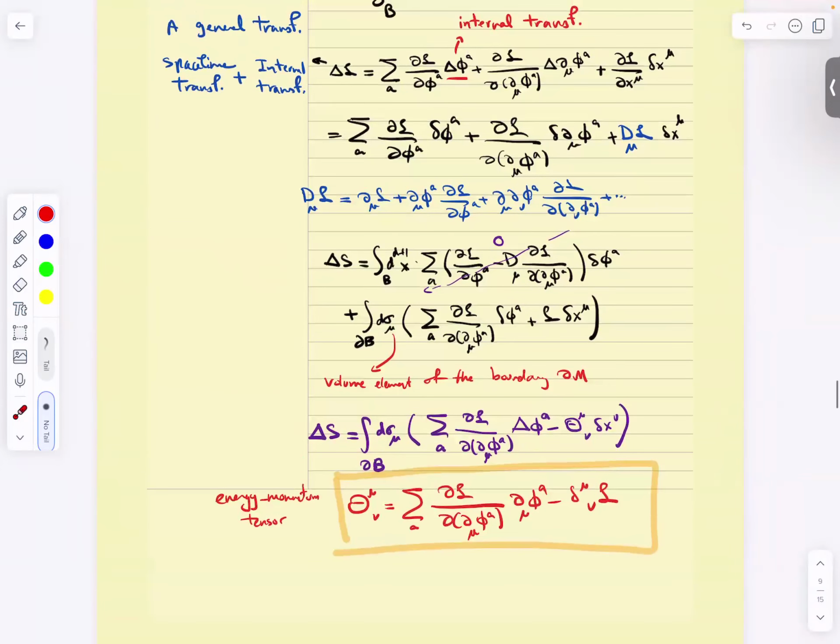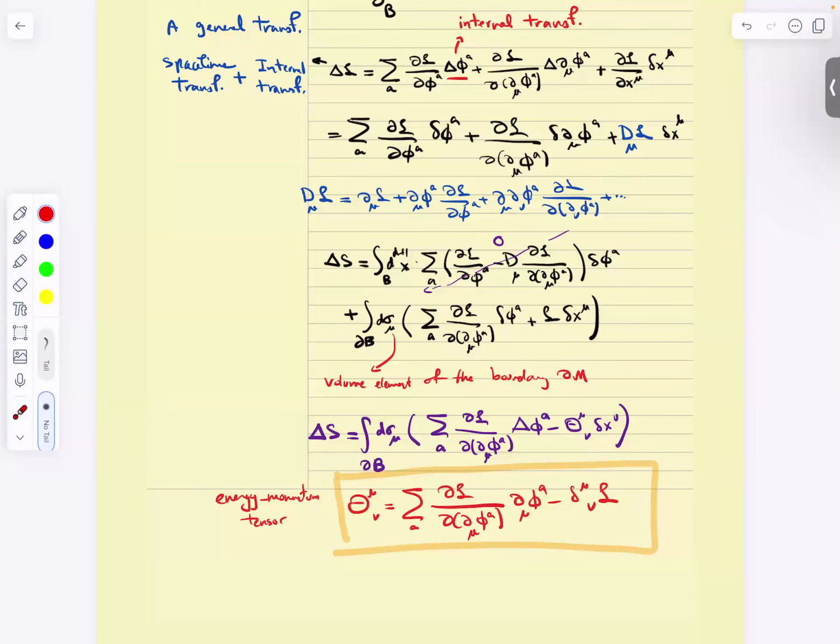Good. So let me recap. I went through this way too fast. I took my Lagrangian density. It's a function of phi of A and del mu of phi of A. I considered total variation of phi of A, delta phi of A, and total variation of del mu phi of A. I took derivatives and expanded.